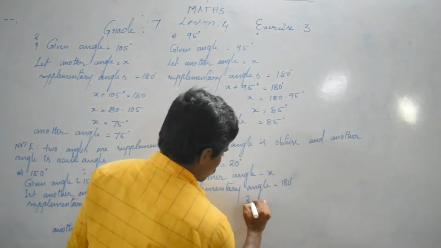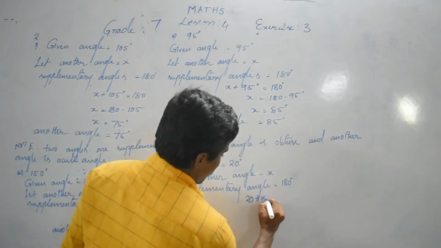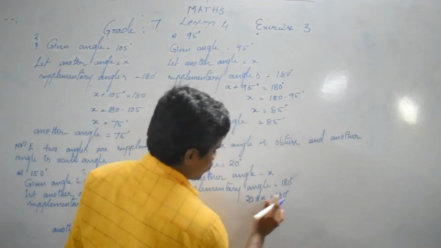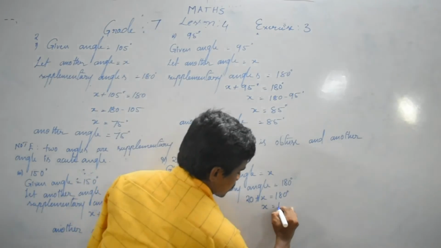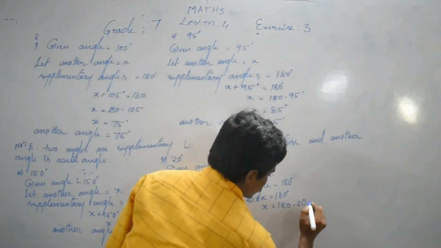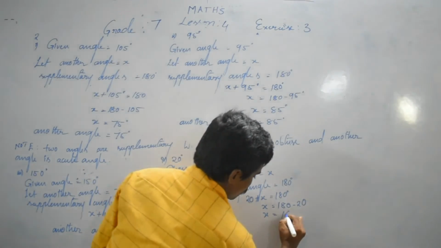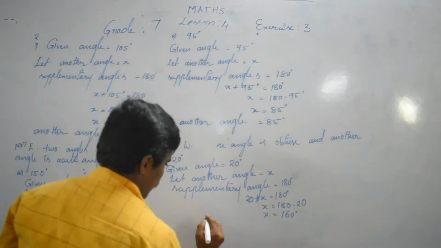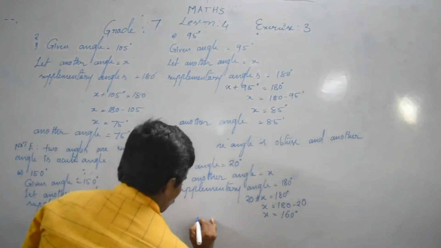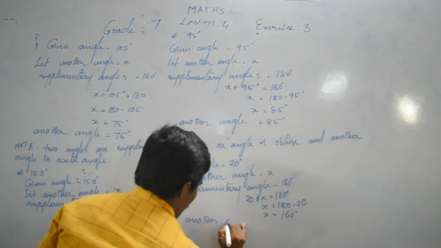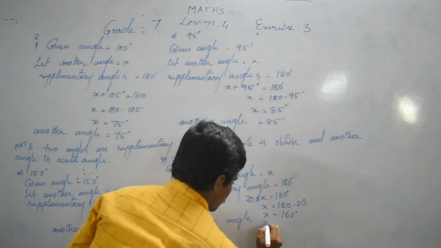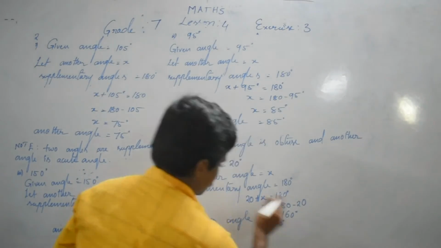So here 20 plus x is equal to 180. Moving 20 to RHS, x equals 180 minus 20. x equals 160. So the other angle is equal to 160 degrees.